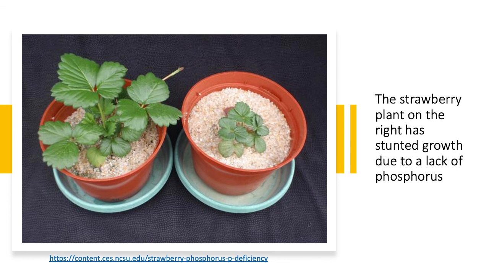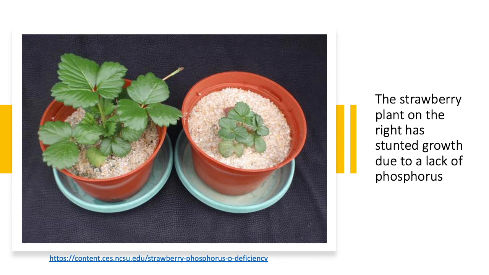Another example of the ways that environment can influence the expression of the genotype of an organism is when individuals don't get enough nutrients, and that results in them not growing to their full biological potential. That often happens in human children, but here you can see it happening in a strawberry plant. The strawberry plant on the right doesn't have enough phosphorus.